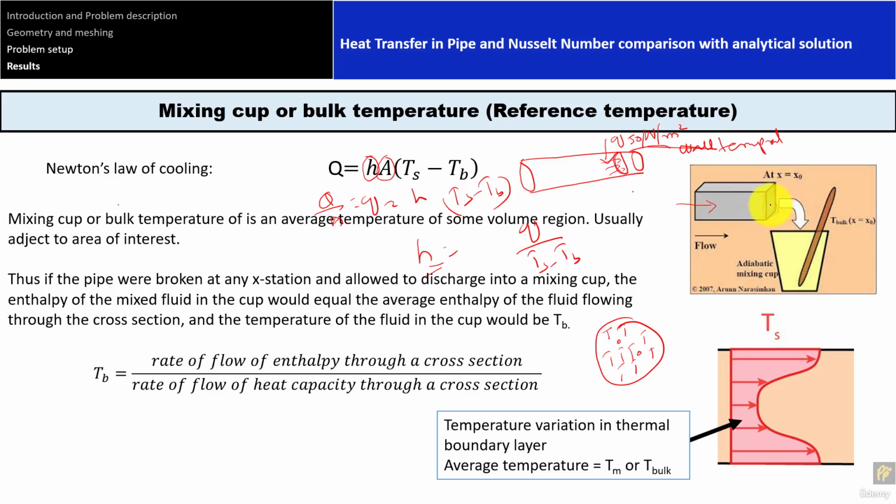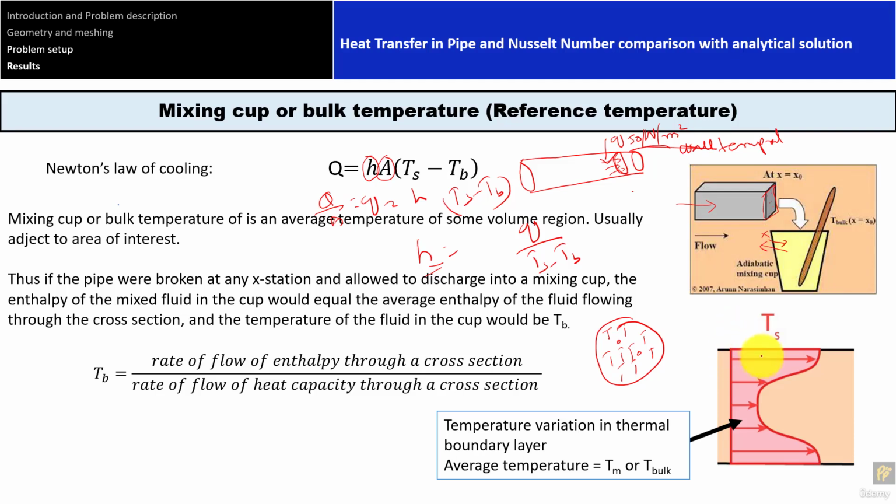But if you pour this whole fluid into a cup and mix it very well, and make sure the boundaries are adiabatic, meaning there is no heat transfer from inside to outside or outside to inside, so everything inside stays inside, then after a certain time, if you mix it very well, the whole fluid will have one single temperature. This is known as the mixing cup temperature or the bulk temperature. This is the whole idea.